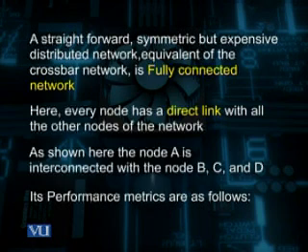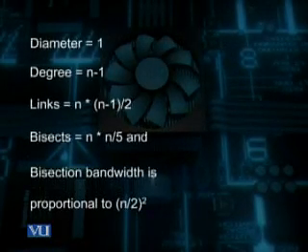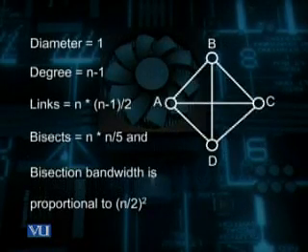However, its performance metrics are that its diameter is equal to 1, which means that there is only one link between every two nodes.